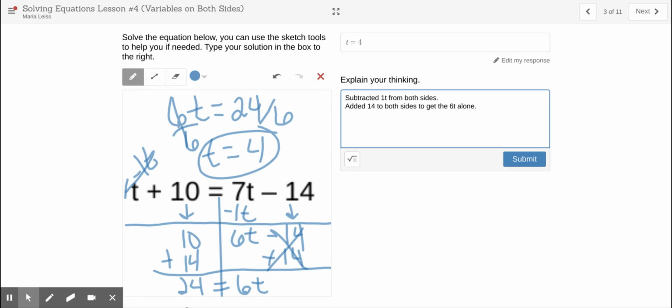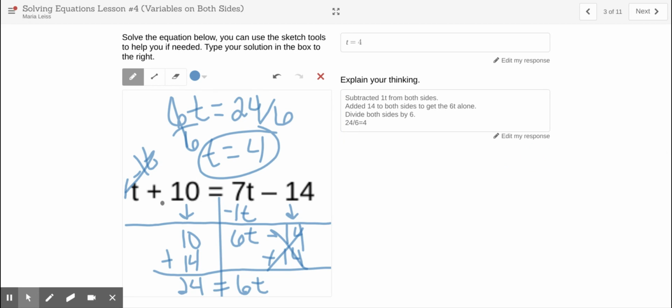And then last, after adding 14, I divided both sides by 6. And I said 24 divided by 6 was 4. So that's how you're going to do these. Similar idea to what we've been practicing, except if you want to write the shapes and squares out, you totally can. I'm just trying to show you a way to write less.